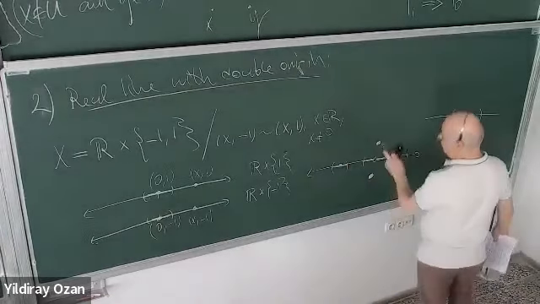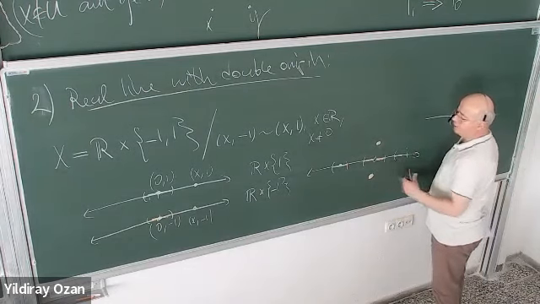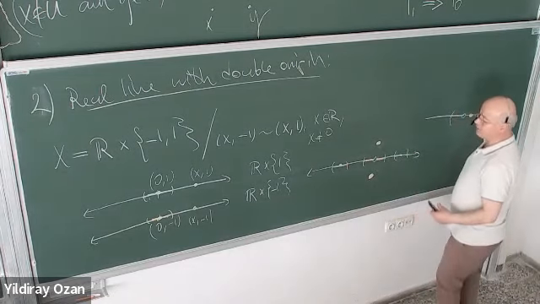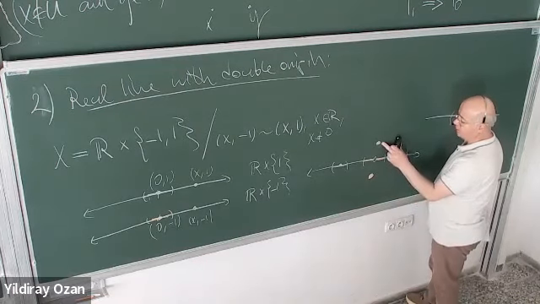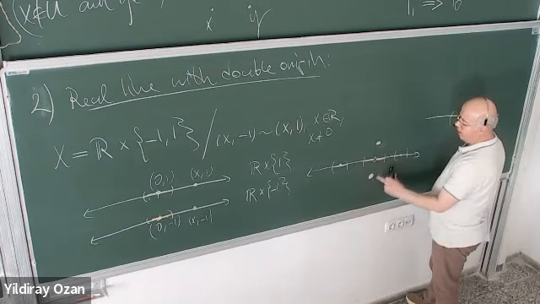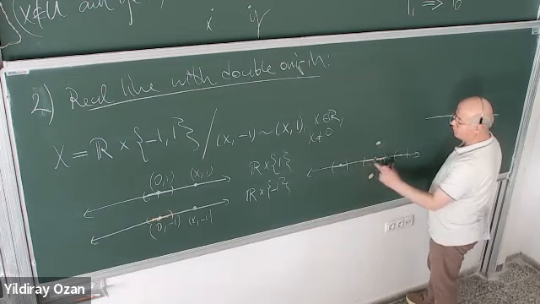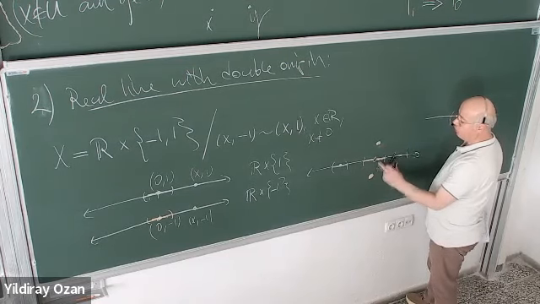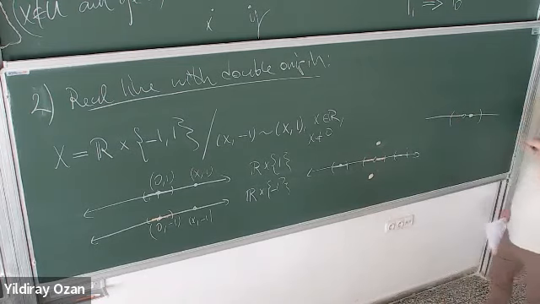these 2 points are different, but these 2 points do not have disjoint open sets containing these points, because any open set containing this contains open intervals like this, and any open set containing this point also contains intervals like this. Therefore, those open sets will intersect necessarily.